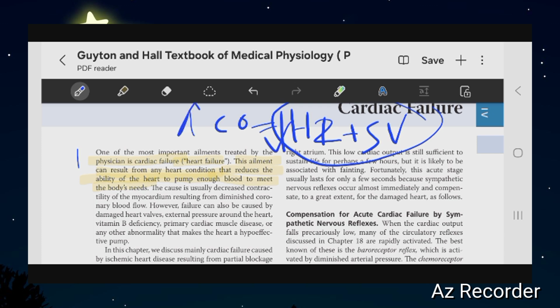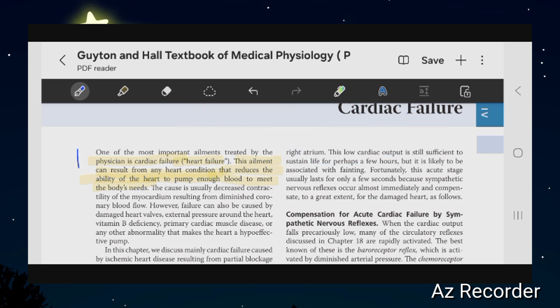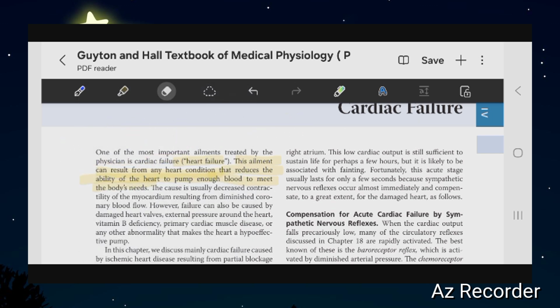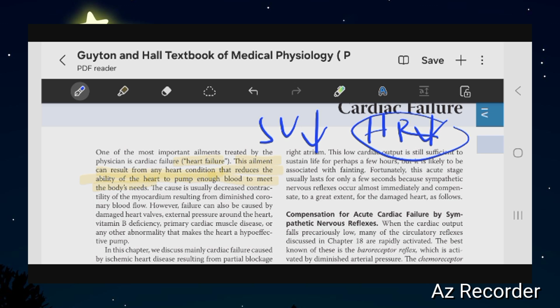So if your heart rate decreases, or your stroke volume, which is the volume of blood ejected per beat when your heart contracts in systole, decreases, for some reason like sympathetic disturbance or other reasons, your heart is not pumping that much.